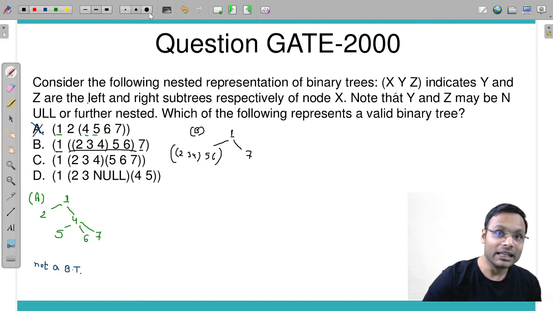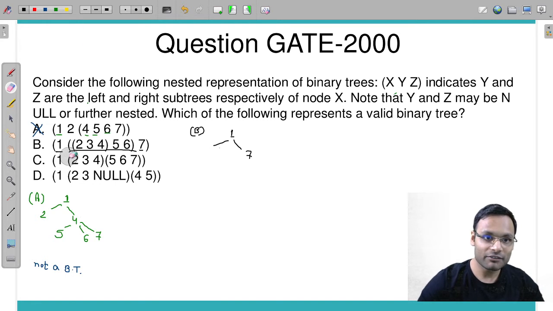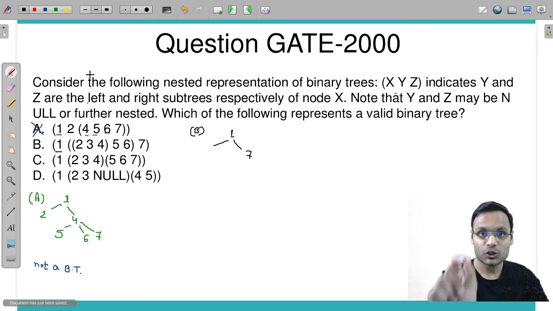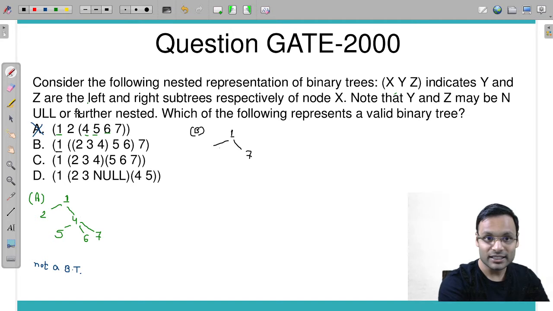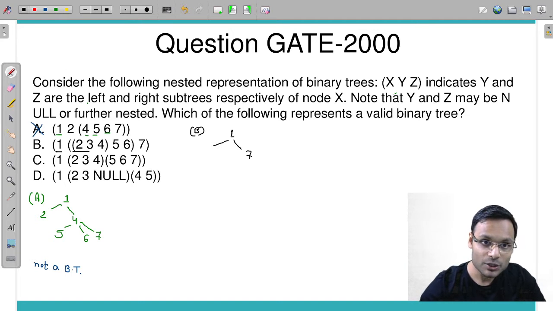Now let's expand the left subtree. Expanding the left subtree means look at this. What I told, the first quantity is root, second is left subtree, third is right subtree. What is the first quantity? This one.